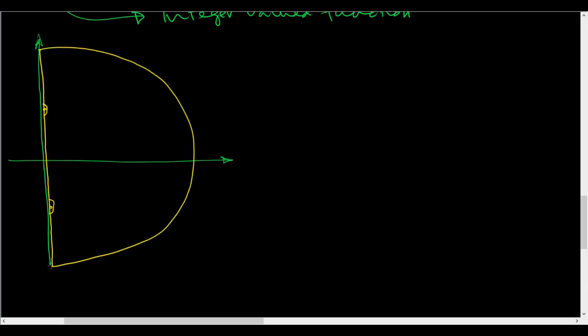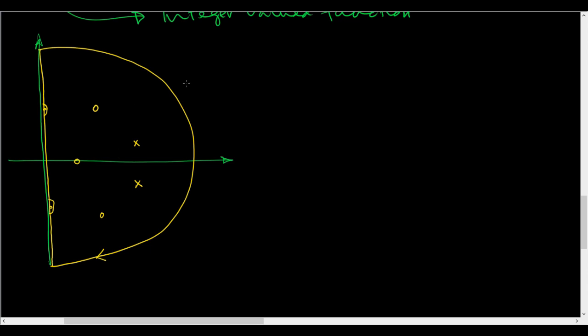So basically we are enclosing the entire right half plane for practical purposes. Basically, right half plane zeros and right half plane poles of G are included in this contour. Then we make the contour bigger and bigger and we reach some kind of limiting value.